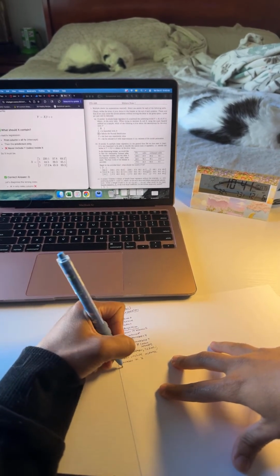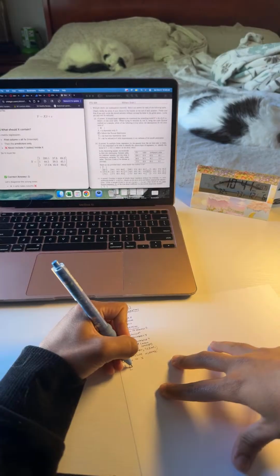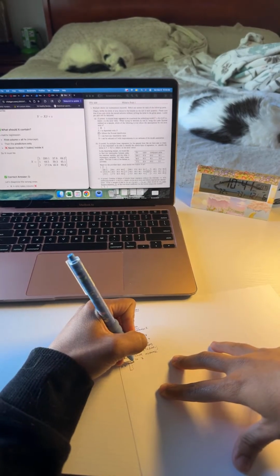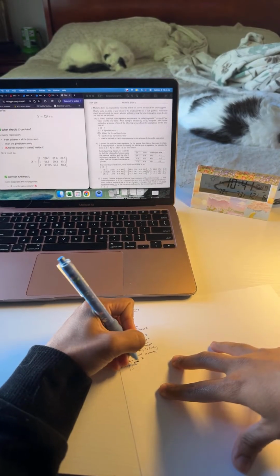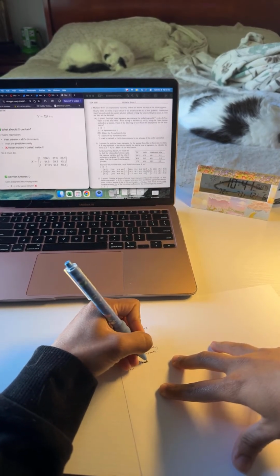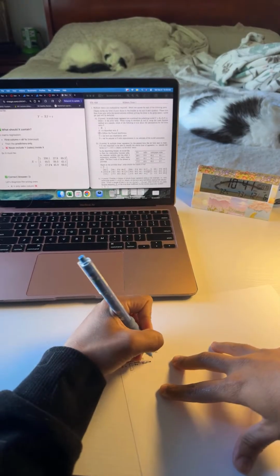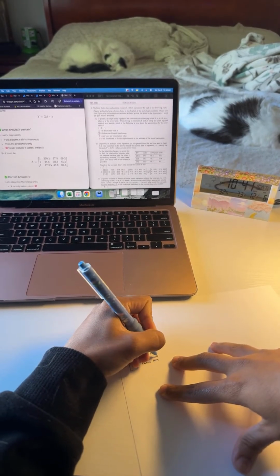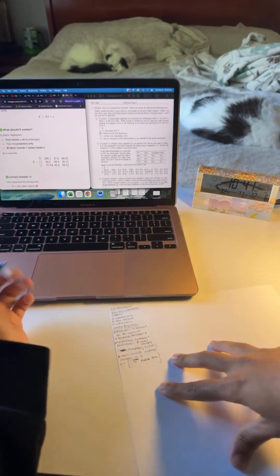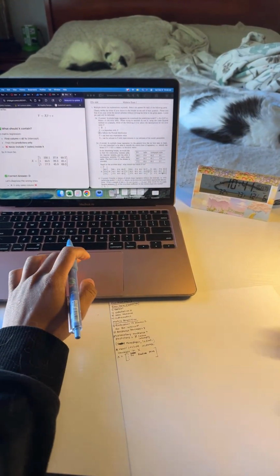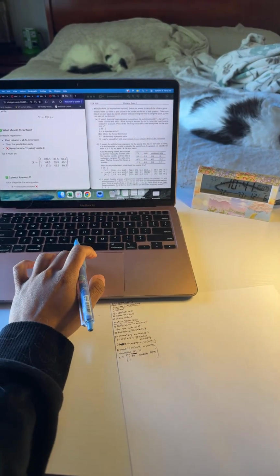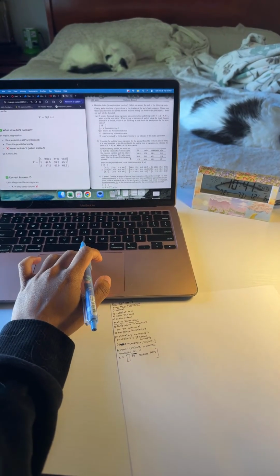So x here would be equal to 1, 1, 1, 1, and then TV, radio, and newspaper. That would be x. So, yeah, 3 by 4. Looks good.